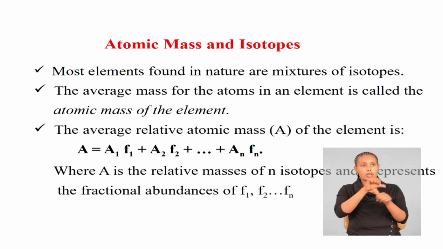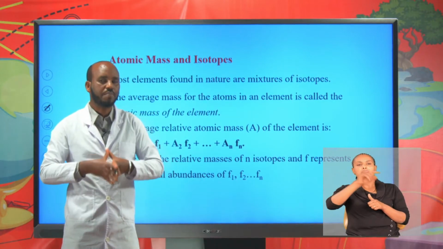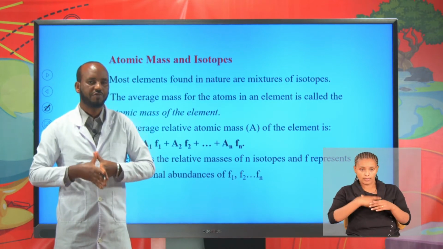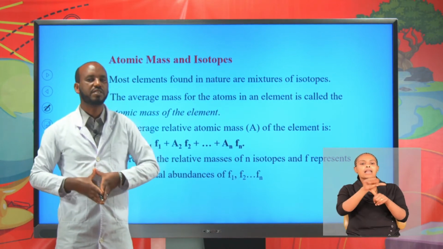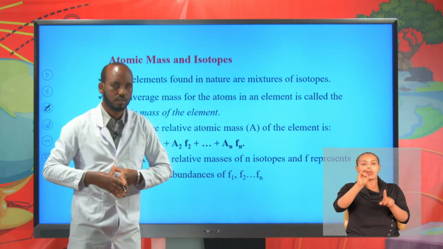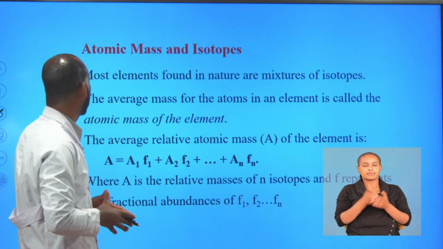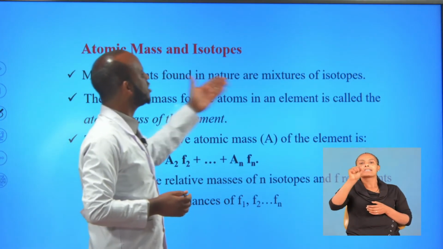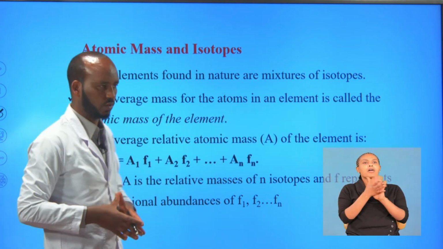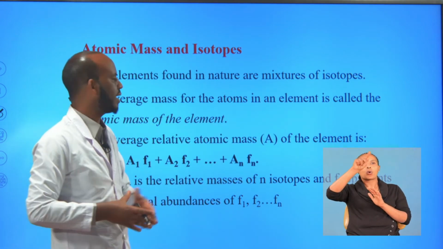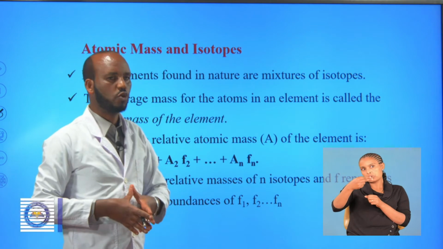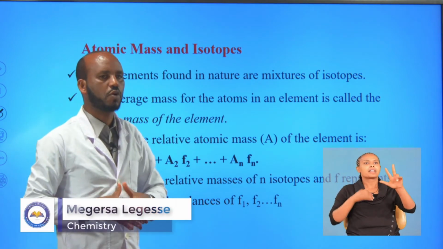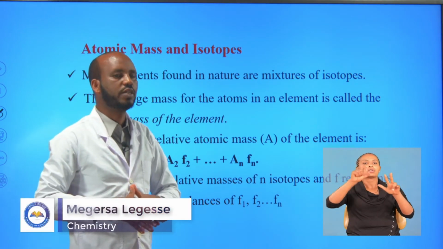Atomic mass and isotopes. Isotopes are atoms of the same element which have the same atomic numbers but different mass numbers. Most elements found in nature are mixtures of isotopes. Take hydrogen: hydrogen has 3 isotopes: protium, deuterium, and tritium.